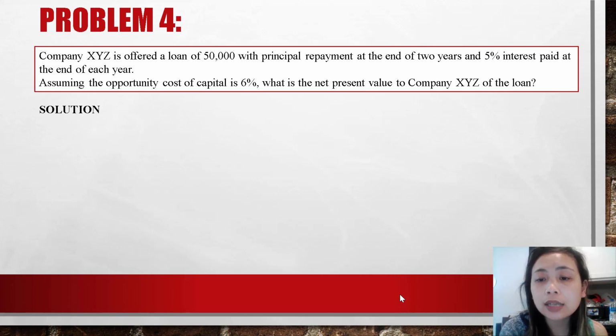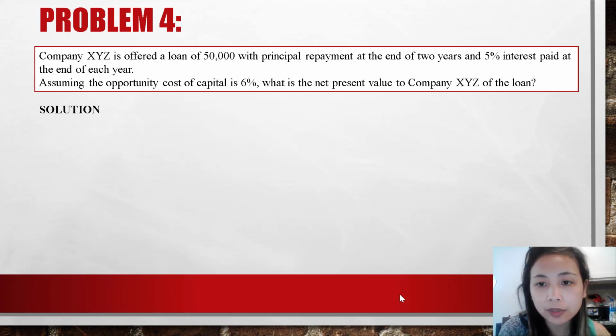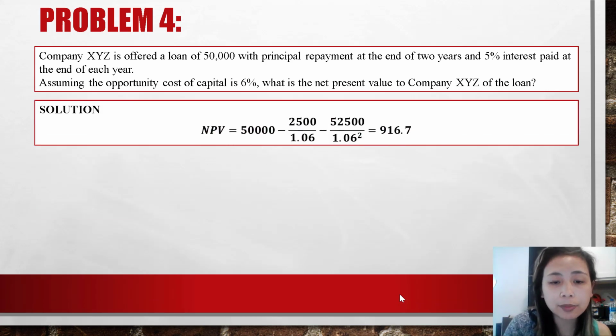Now at the end of each year, we have to pay 5% interest. 5% of 50,000, we take 50,000 times 5%, which is 2,500. And we have to consider the present value of each of these cash flows. So let's write out the NPV.